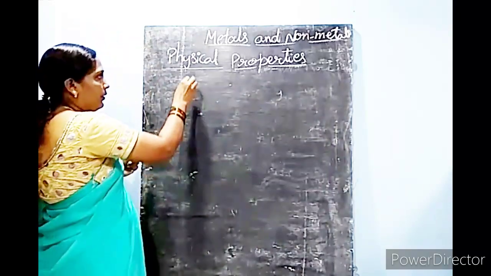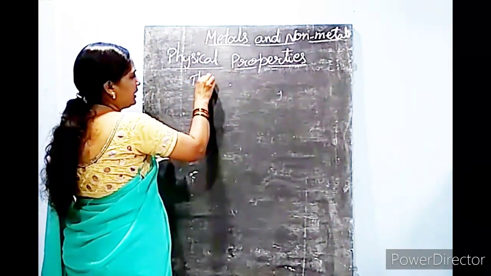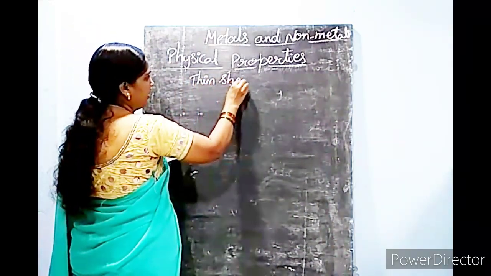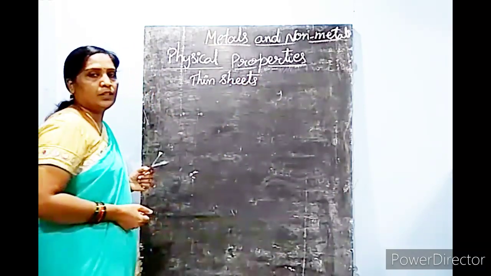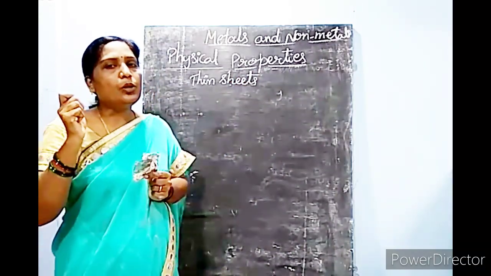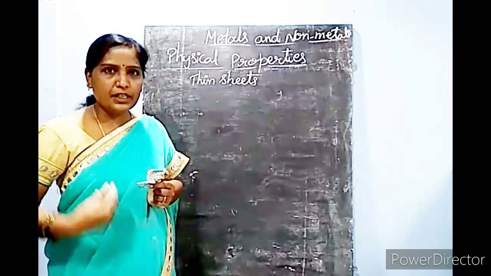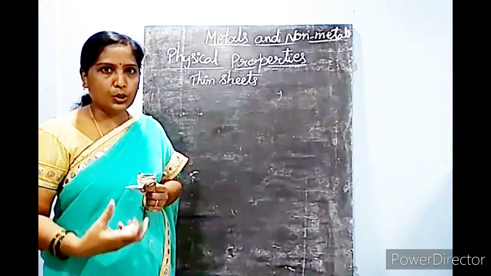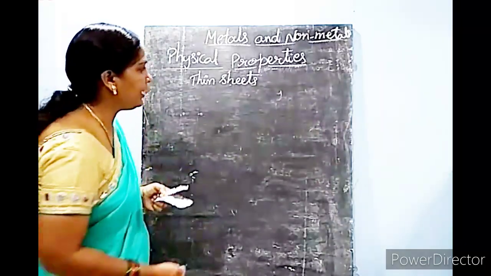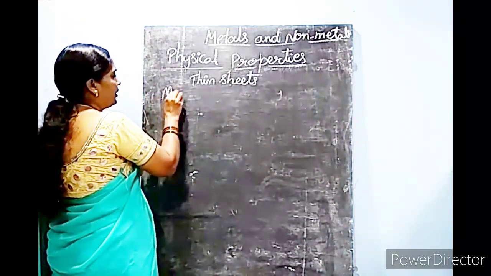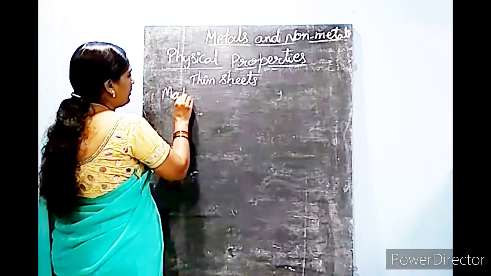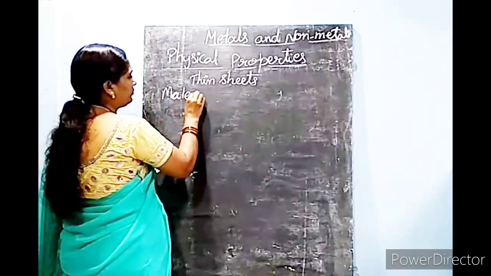So the metals which can be spread into thin sheets, this property is known as malleability.